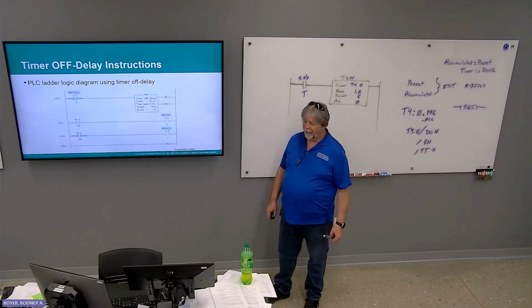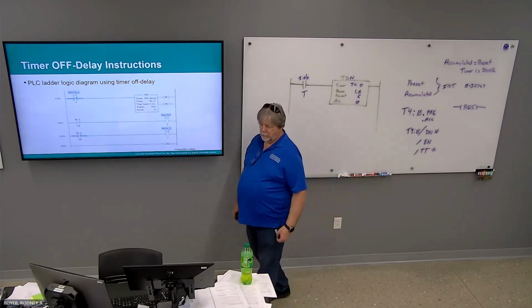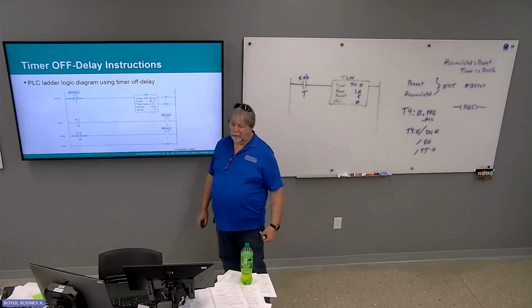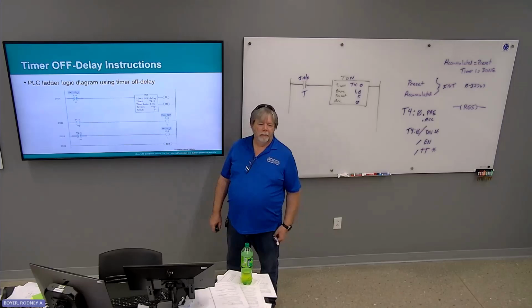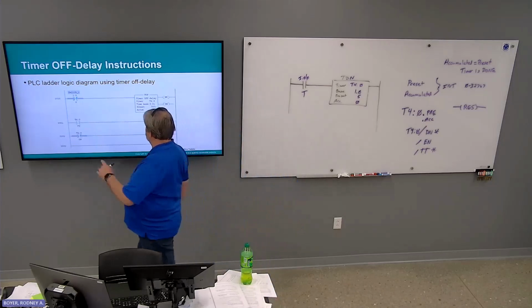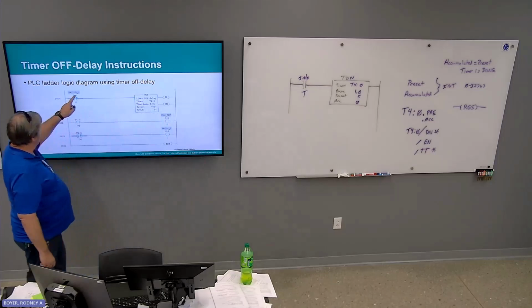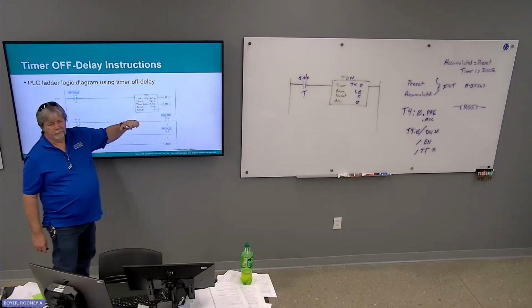That says that when switch 1 is closed, red pilot and motor 1 are both off. When the conditional logic in front of the timer evaluates true, the done bit's going to set.